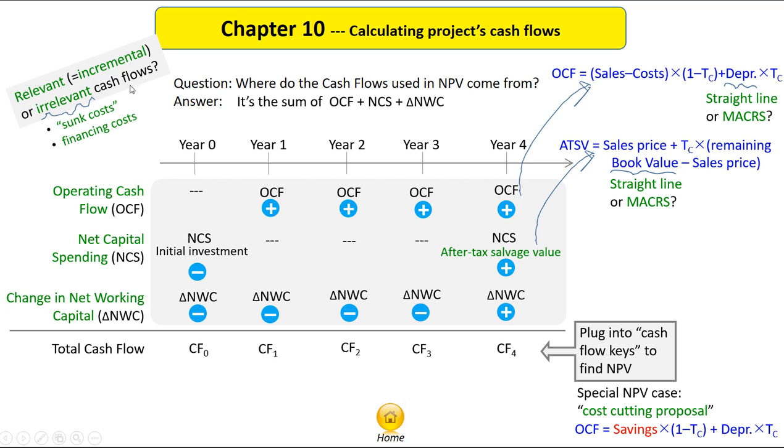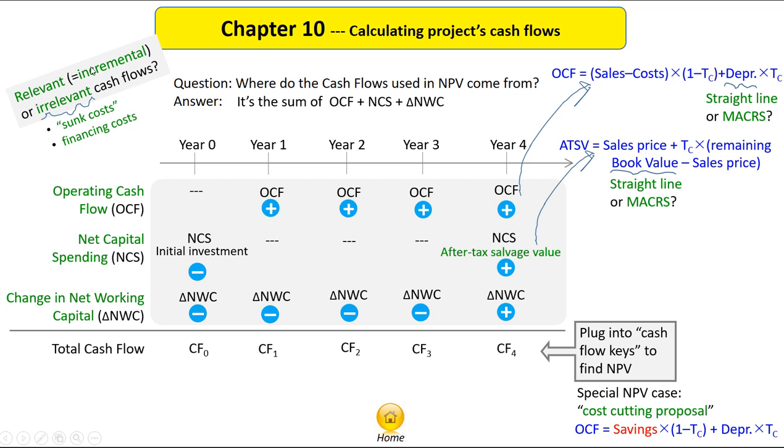The irrelevant cash flows are only 2 types of cash flows: sunk costs, which already occurred before year 0, and financing costs, anything related to taking a loan for the project to pay for the initial investment. So if you see anything like these 2, you should cross them out. You will not use them anywhere in your net present value calculations.